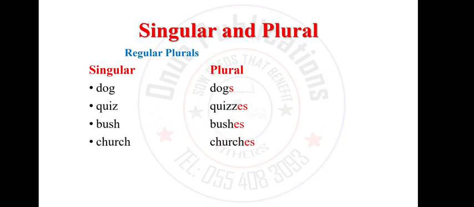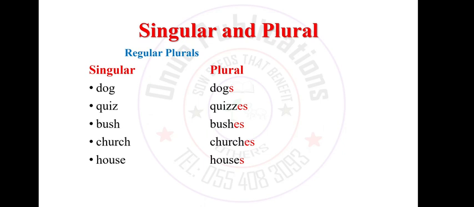Then when the word ends in CH, it follows the same rule. We put the ES. So church, churches. Similarly, when the word ends in SE, the sound becomes like S, like house.